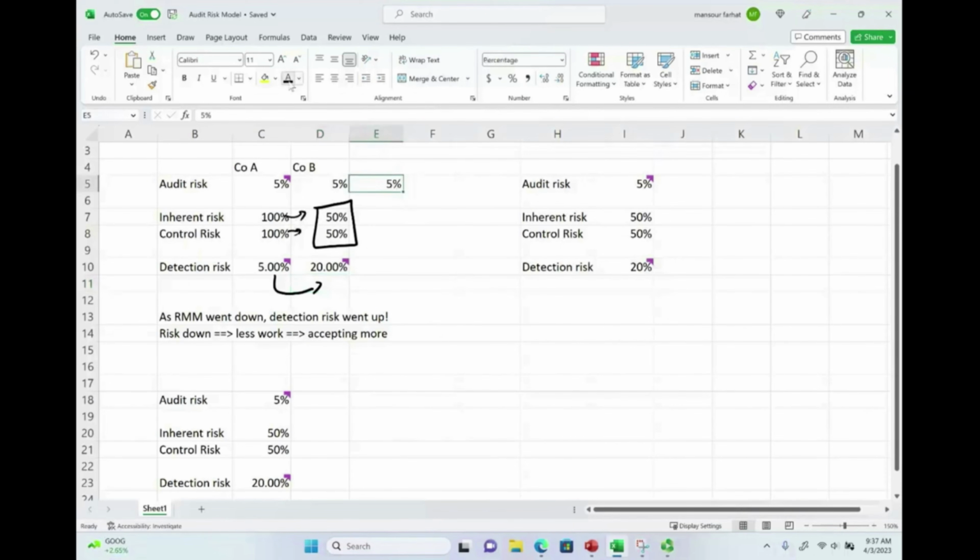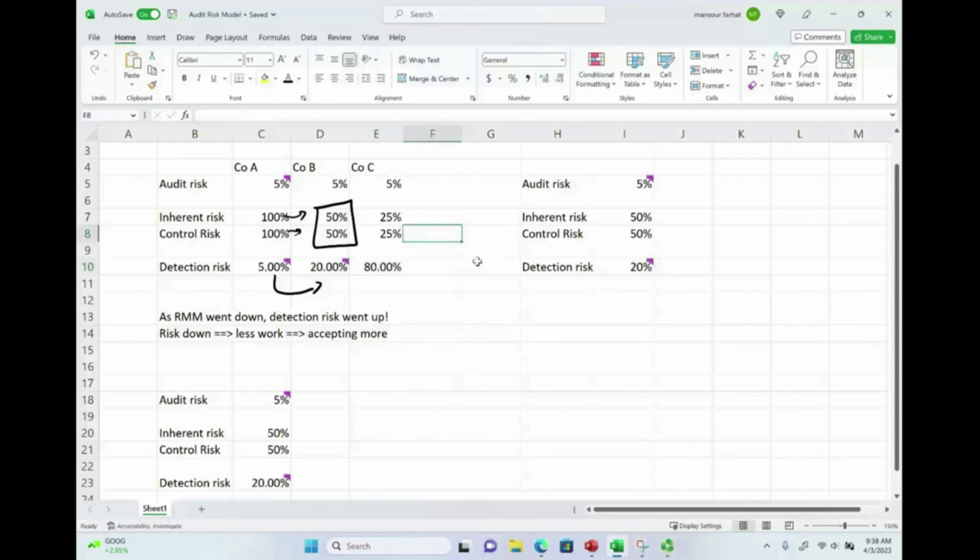Let's use a third scenario. Let's look at this company, company C. Company C has an even better inherent risk and a better control risk. If that's the case, when I compute my detection risk, it is 80%. Now, what can I say? I am accepting an 80% chance.